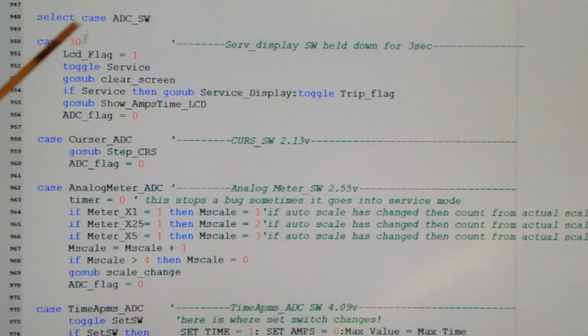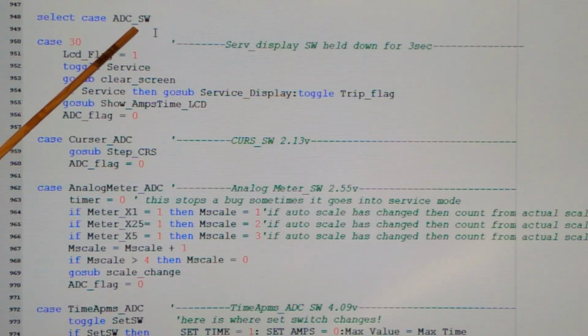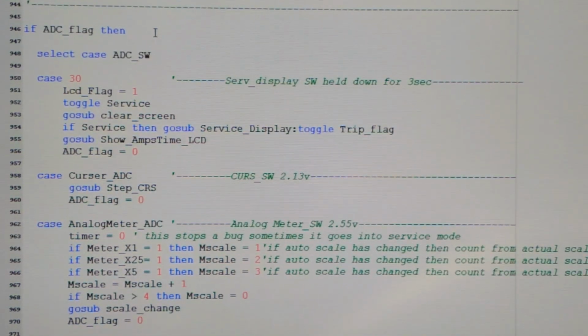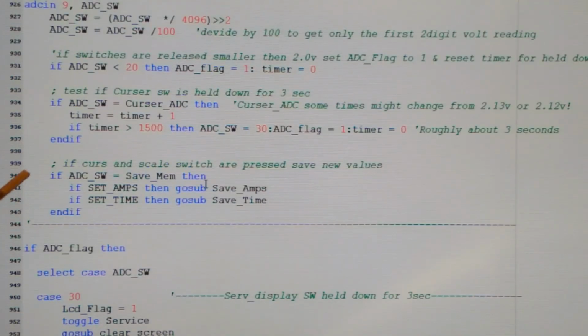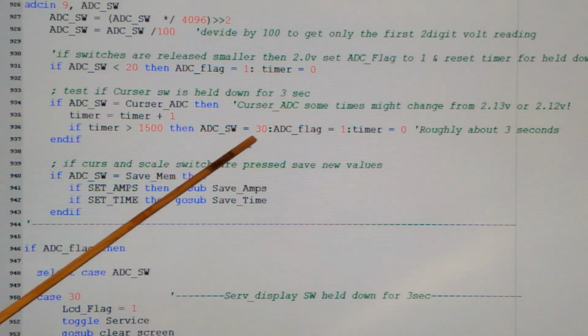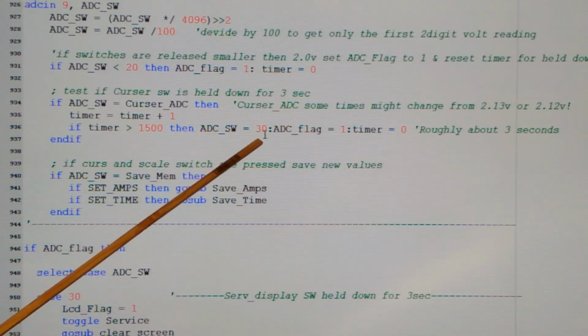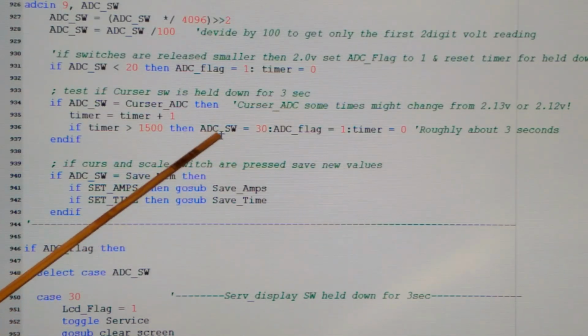So select case ADC switch, that's where you stored your voltage when you pressed one of the switches. If it was case 30, and 30 was the 3 second delay time, so once that switch has been held down for 3 seconds, put the number 30, as if it's 3 volts, into the ADC switch.